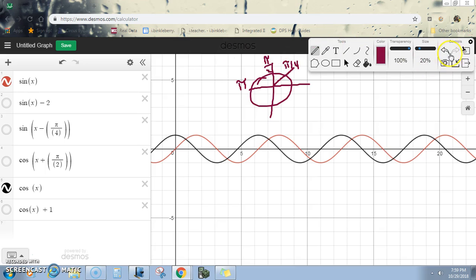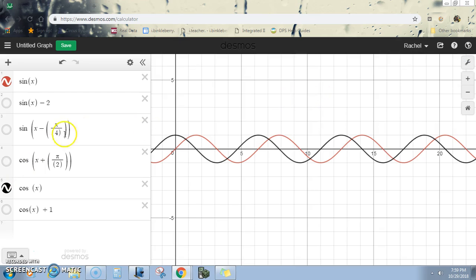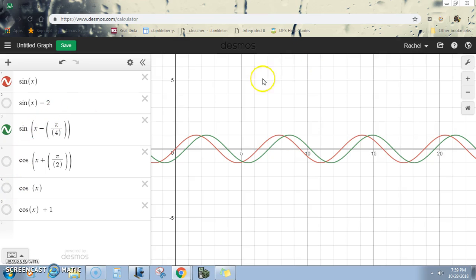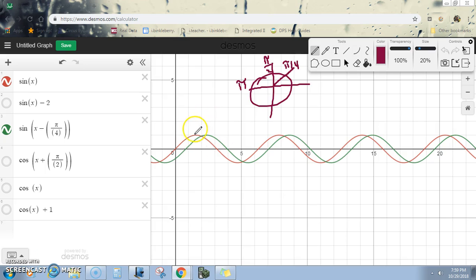So what does that look like? Okay, so the green one. So you can see, let me take the cosine off. We took the sine curve and we moved it to the right 45 degrees. We took every point and moved it to the right 45 degrees. Okay, that's all that happened.